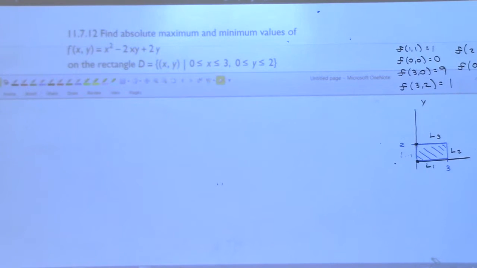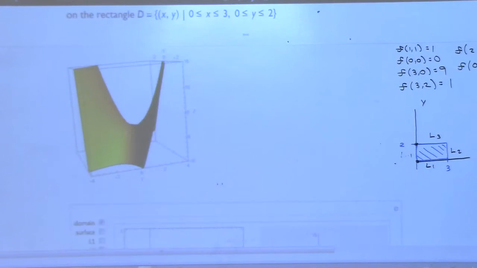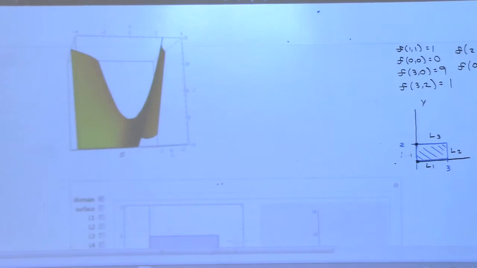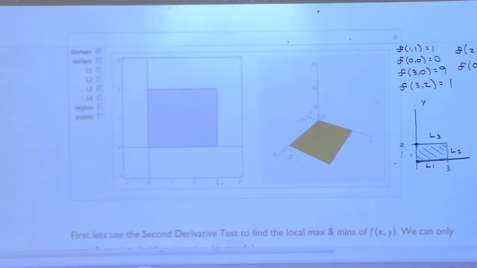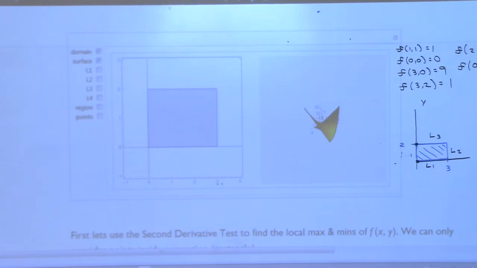All right, well, got 30 minutes. Oh, we didn't look at the picture. Should we look at the picture? Okay, so here's the surface that we were working with. And here was our domain on the ground. Here's the surface plugged in.